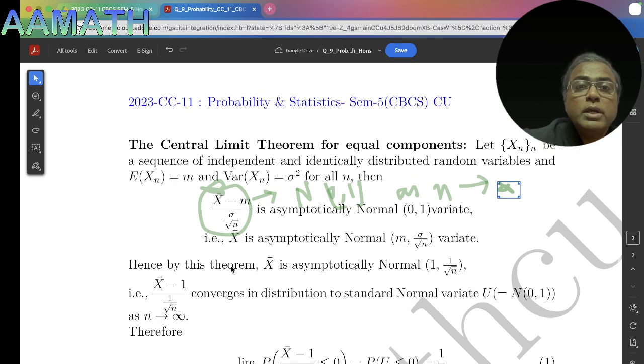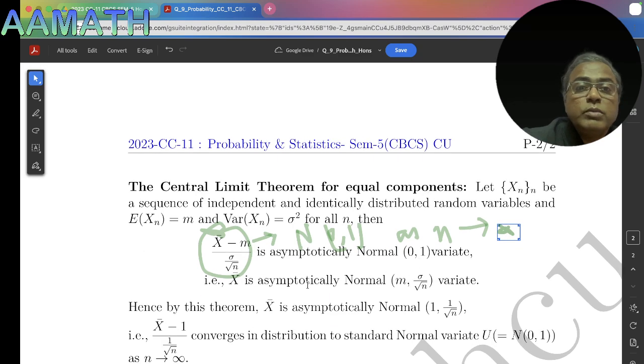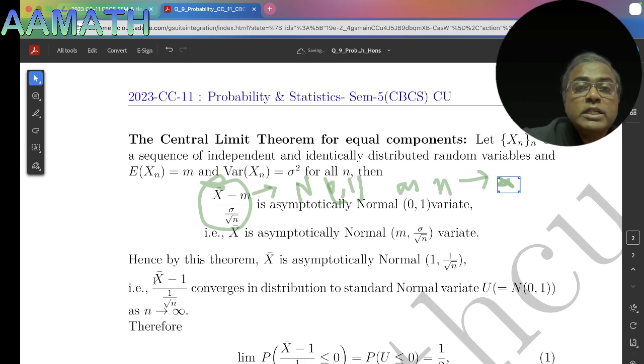Hence, by the theorem, X bar is asymptotically normal 1, 1 by root n, because m equal to 1, which we have already proved, and variance is also 1. So sigma by root n is 1 by root n. So (X bar minus 1) whole divided by 1 by root n converges in distribution to the standard normal variate U, N(0,1), as n tends to infinity.